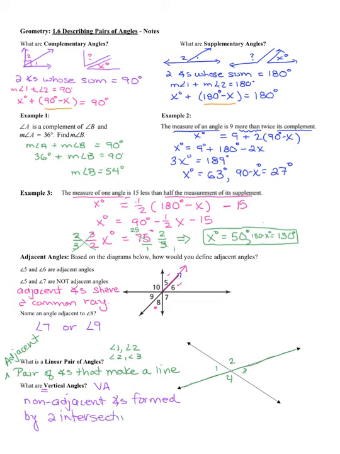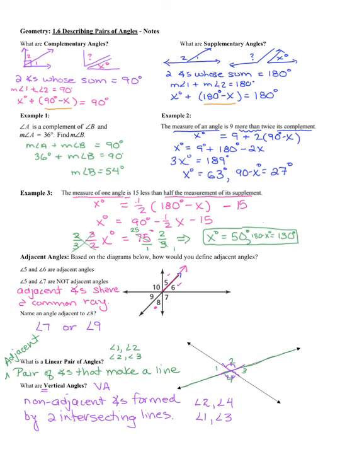And later on, you're going to get some properties about those. So for instance, angle 2 and angle 4 are vertical angles. You can kind of think of it as they both make the V. We also have angle 1 and angle 3 are vertical angles.